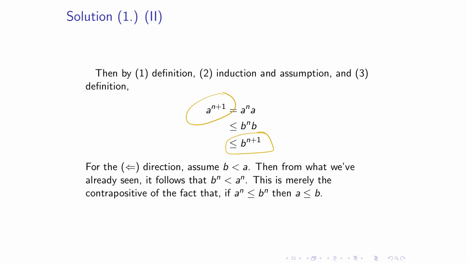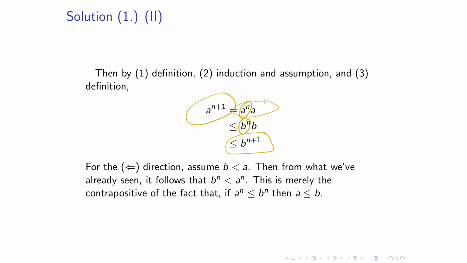Well, as often is the case with induction, we do something to reduce this to the case of n, and with an exponent like this, a good way to do it is pretty obvious. We just split the a to the n and the a. Now, by inductive hypothesis, we already know that a to the n is less than or equal to b to the n.